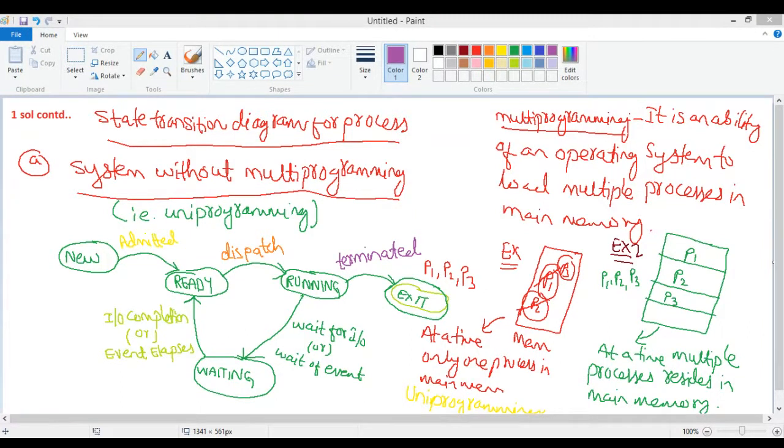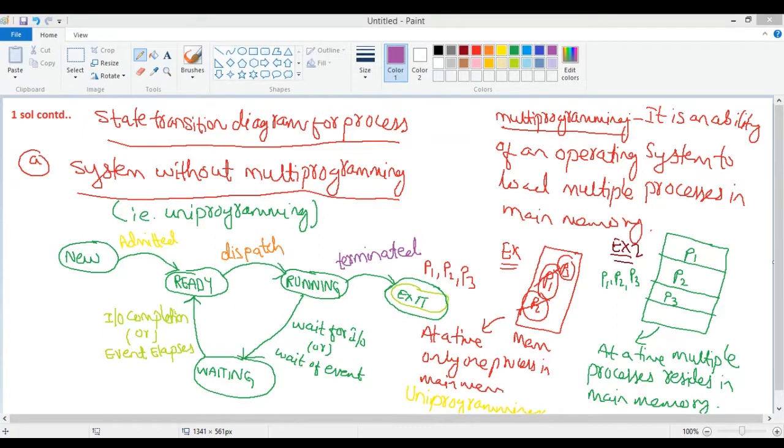Can you go from waiting to running state? Yeah. So the correct answer is no. Because you cannot go from waiting to running. Okay, you cannot go.